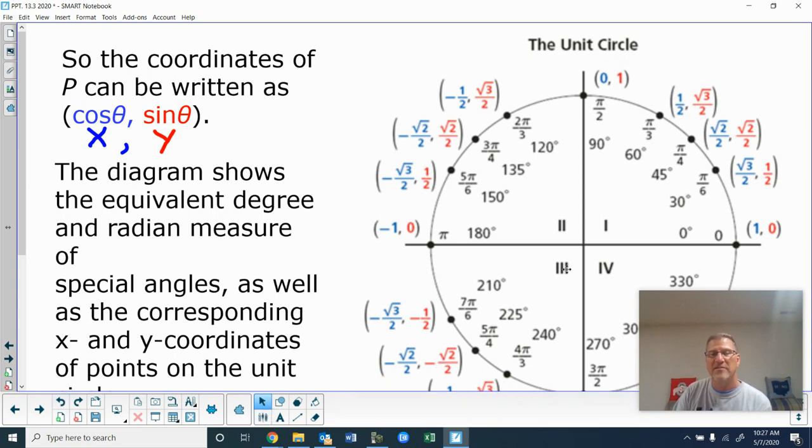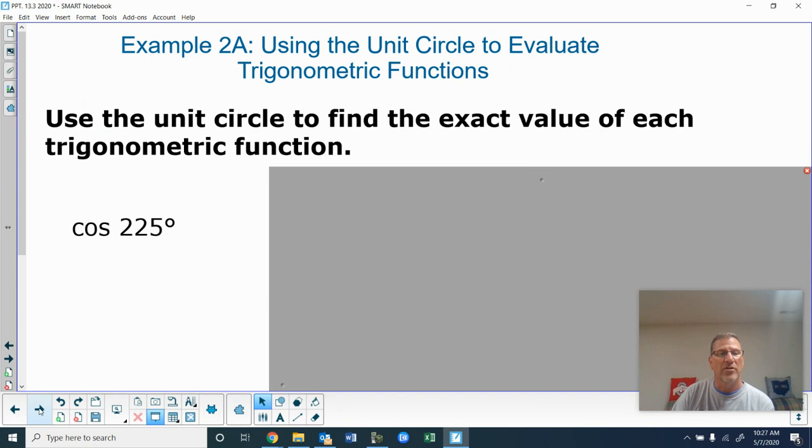Since we're in the third quadrant, if I drew a picture of a triangle, my x value would be negative and my y value would be negative. It's a 45, 45 triangle if we drew it in, so they're the same because it's isosceles. They're both negative.